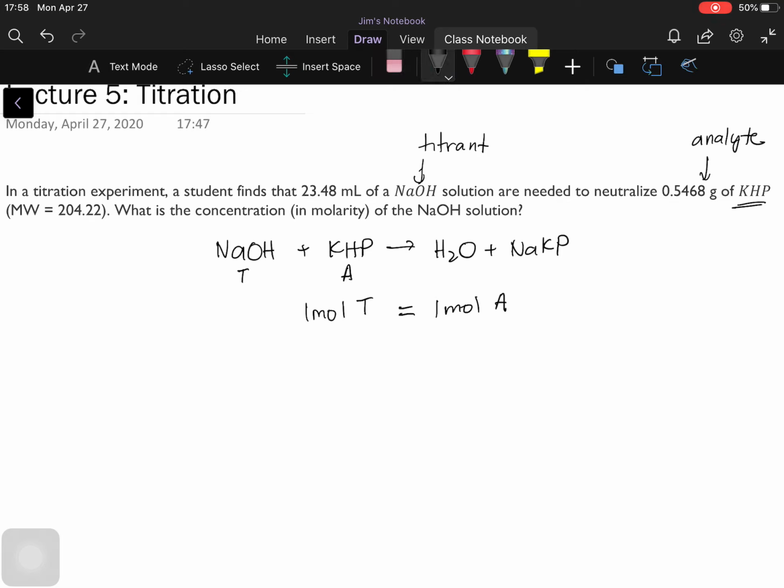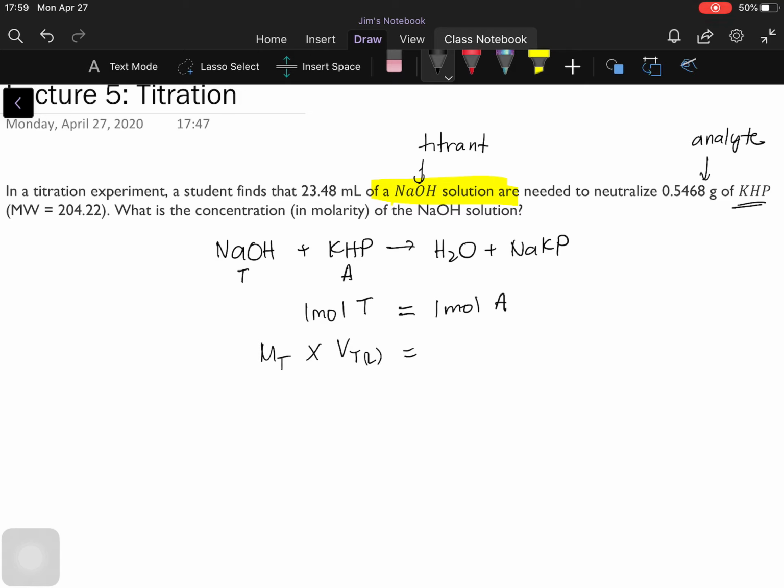The next thing you're going to do is express the moles of your titrant and your analyte into equations that will give you the number of moles of your substances. Looking back at our titrant, this is a solution. Last time, if we have a solution, the formula used to get the number of moles would be the molarity of your titrant times the volume of your titrant in liters.